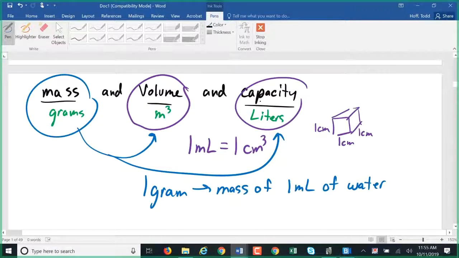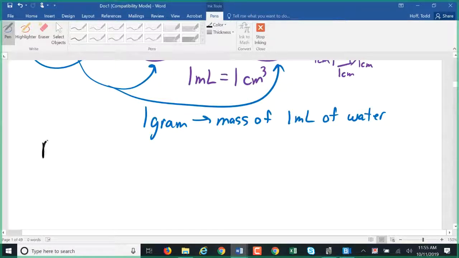Most of the medications we work with have densities similar to water. Density is the ratio of mass to volume. In fact, if you divide the mass by the volume, you get the density of the material.